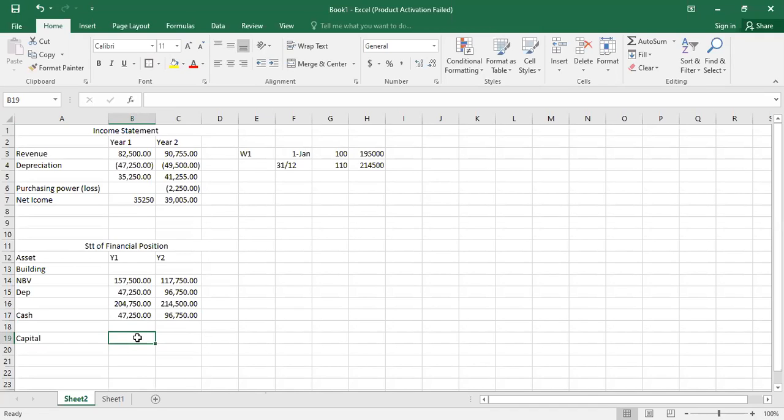If you look at the question, the value of the capital that we had been given, assets building was 150,000. Then cash was 45, to total 195, isn't it? Isn't it, guys?